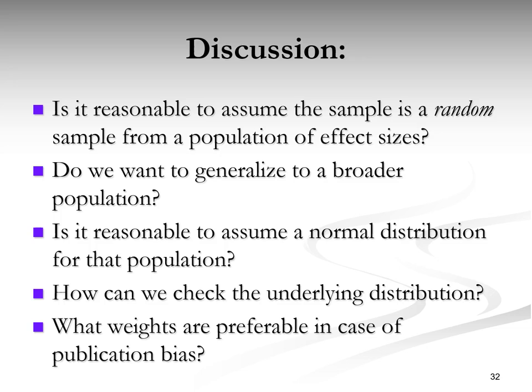So if there is publication bias, this will be most apparent when using a random effects model, which is another argument against the use of a random effects model. So there are still some critiques that are given on the use of a random effects model.